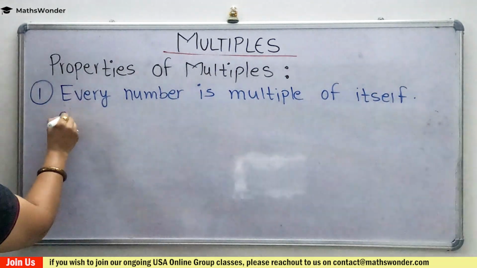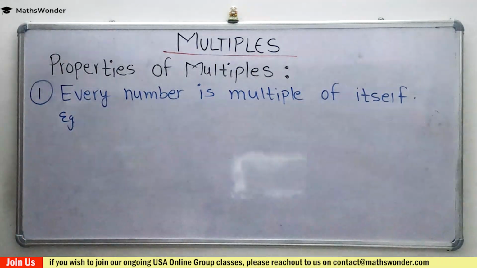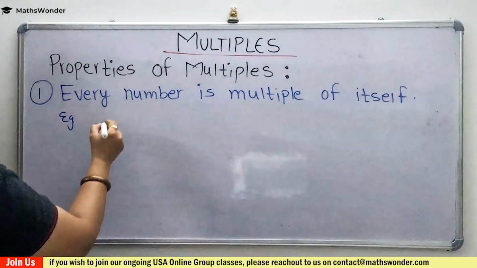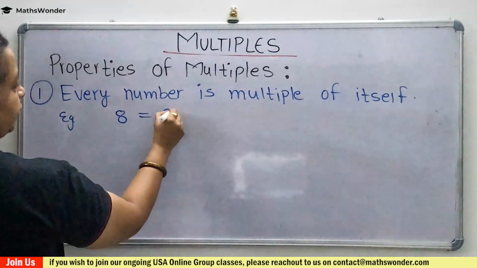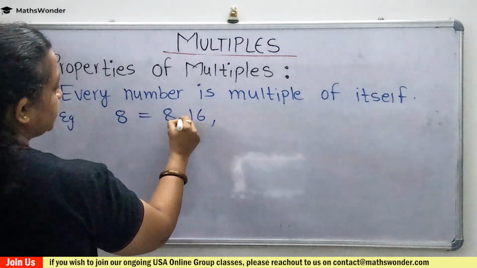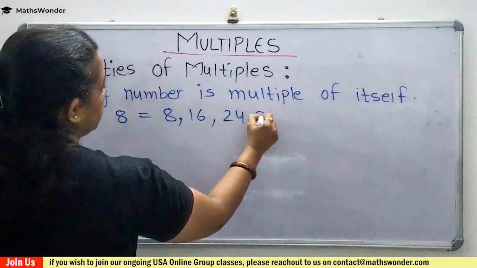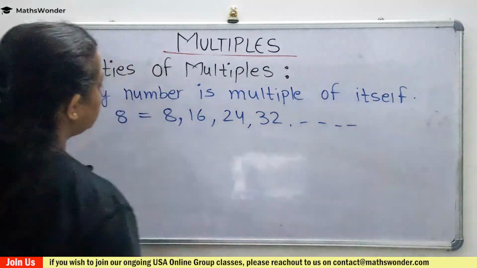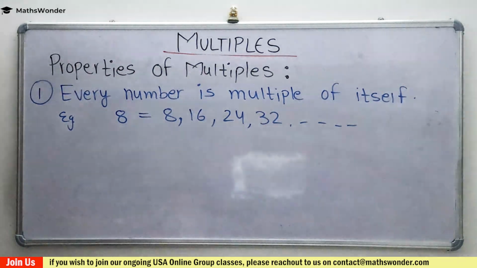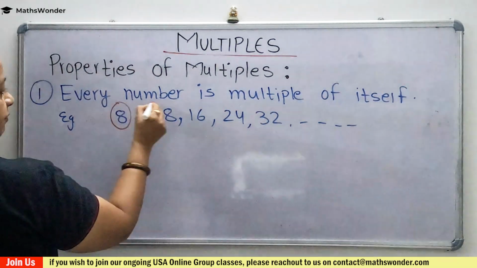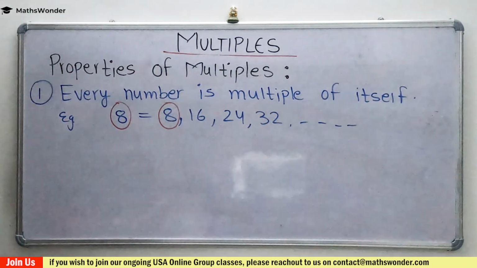As you know, if we find the multiples of 8, the first is 8, then 16. You will observe that in any question, the first multiple will be the number itself.